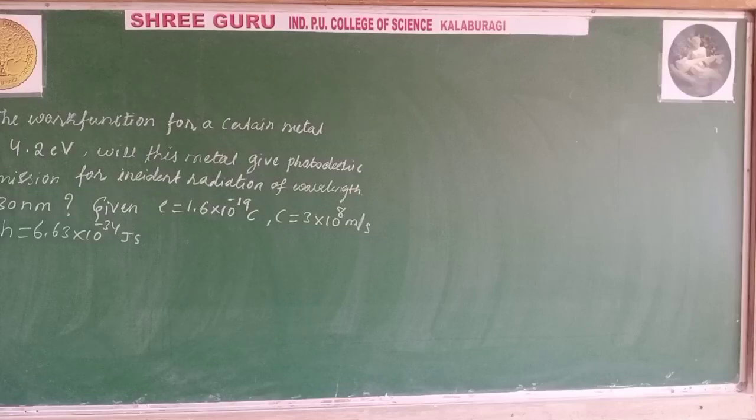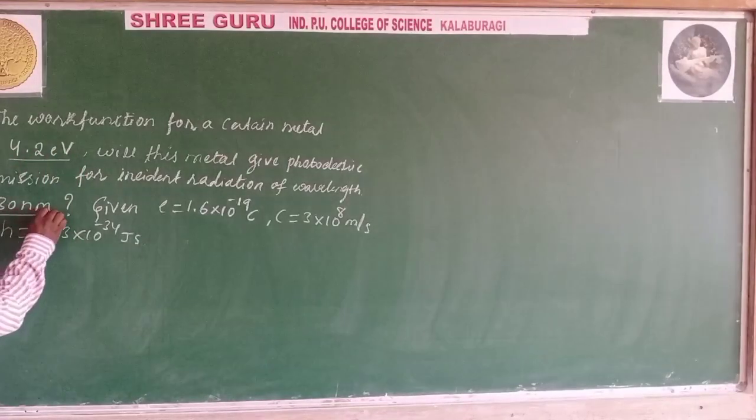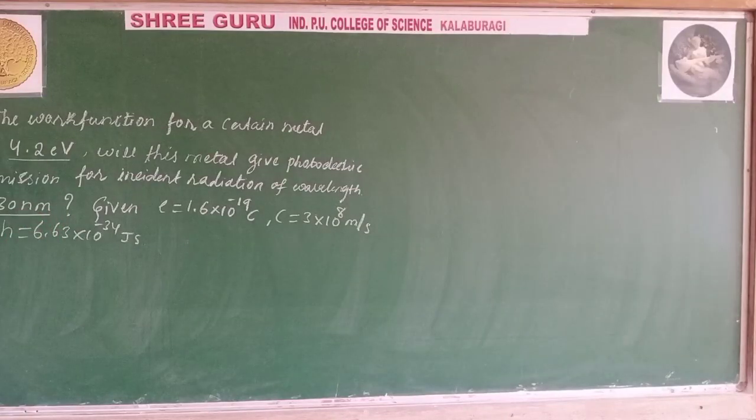You should find whether this much of incident radiation is affecting that metallic surface. The metallic surface has a certain work function, that is 4.2 electron volts, and the incident wavelength is 330 nanometer.